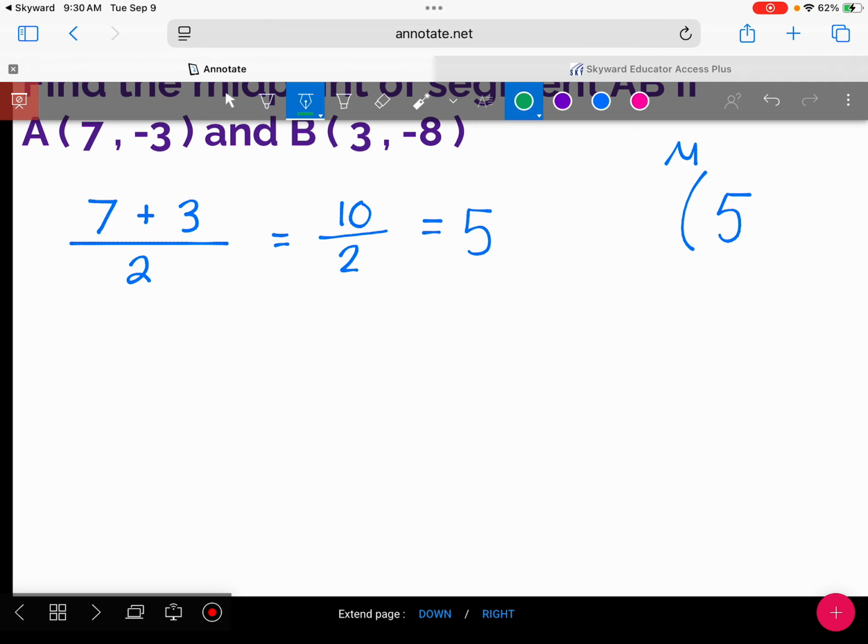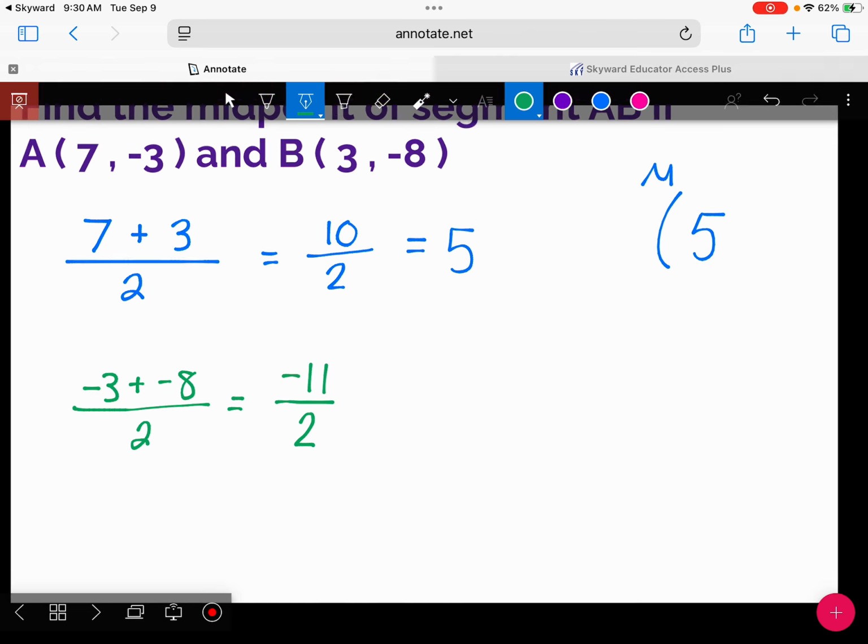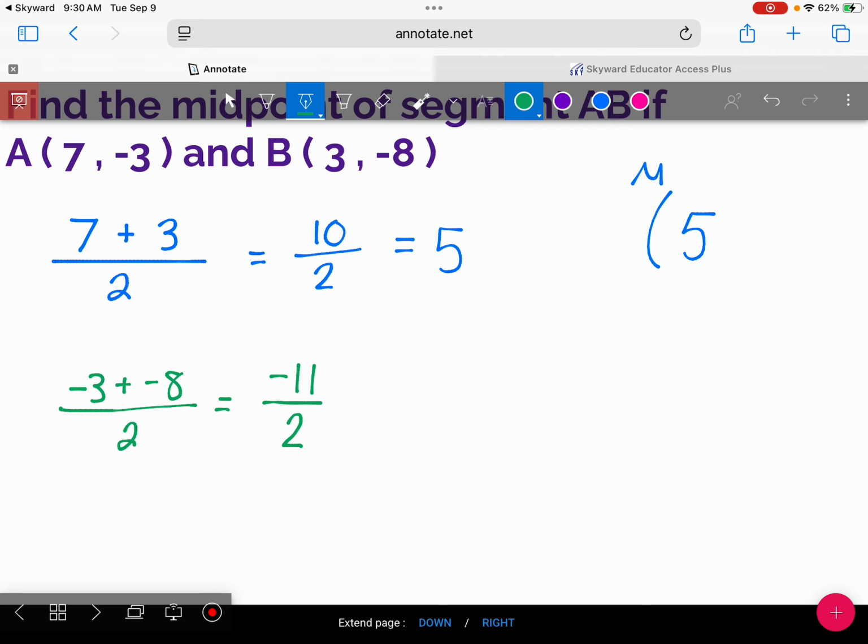We're going to do the same thing for the y's. We're going to have our -3 plus our -8 and divide it by 2. And again, it doesn't matter what order we put these things in. So if you find it easier to do -8 plus -3, totally valid. We add them together. So -8 plus -3 is going to give us -11 divided by 2, which is going to be a decimal. So we can either put it as a decimal, since it is a terminating decimal, we can do that.